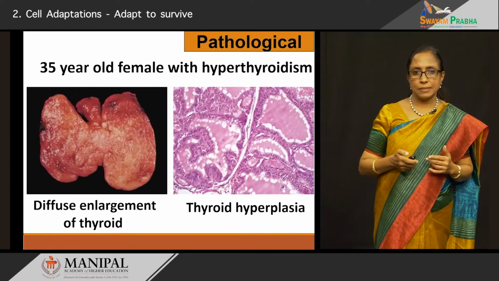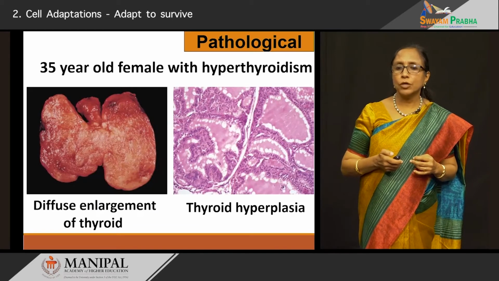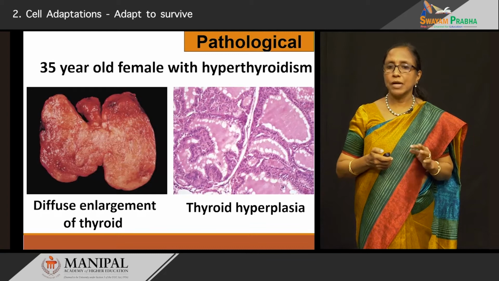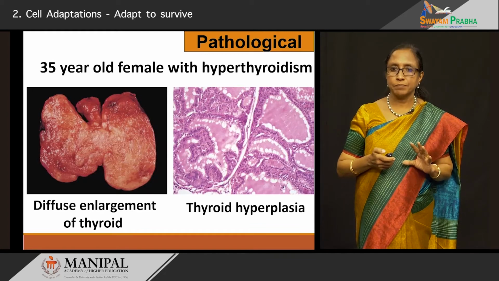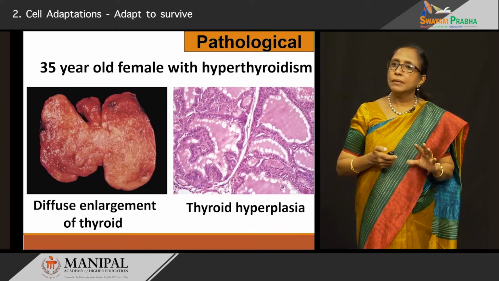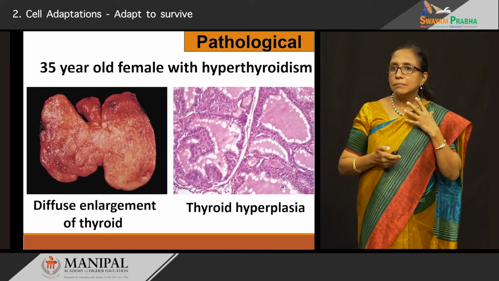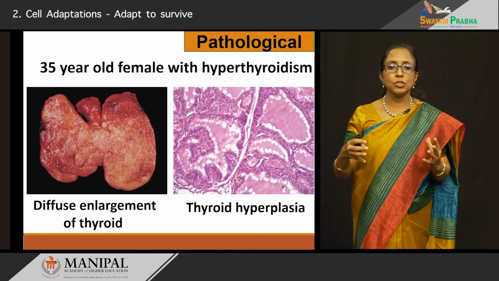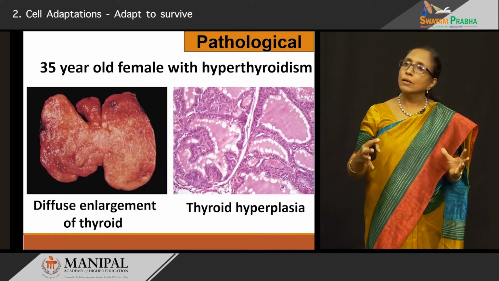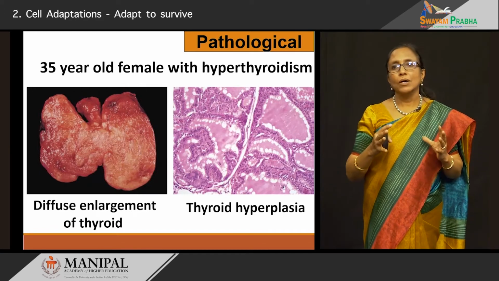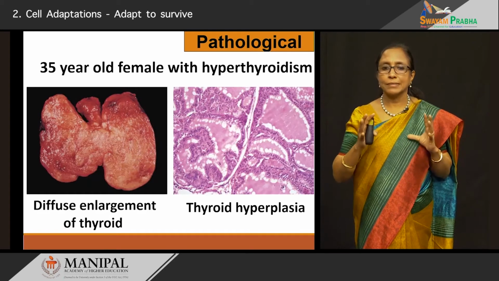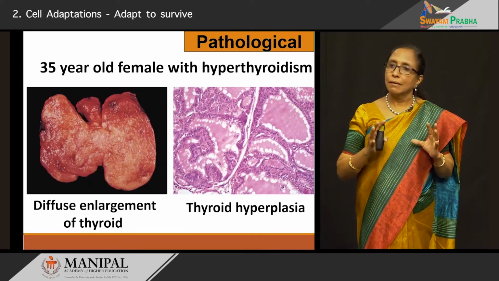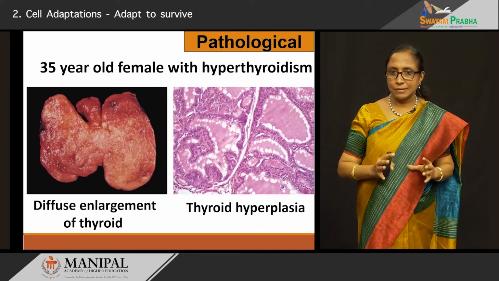Then another state, a 35-year-old female with hyperthyroidism. She has features of hyperthyroidism, and her thyroid, which has been removed, shows a diffuse enlargement of the thyroid. That is, both the lobes are enlarged, and we see that the whole thyroid is enlarged. So, there is an increase in the thyroid size.